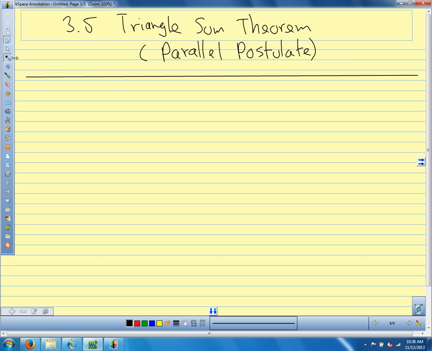So the parallel postulate says, and first let's remember, what is a postulate? Something that we accept as true without proof.